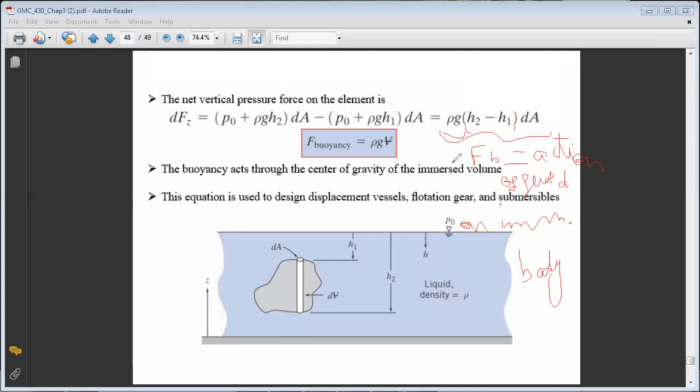Let us try to do a physical interpretation of this term. Rho g represents gamma, and delta H, H2 minus H1, is this height. If you multiply this height by dA, what do you get?